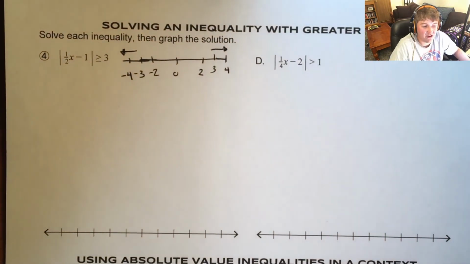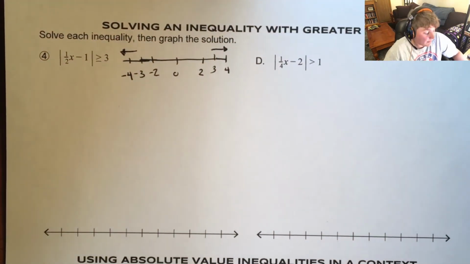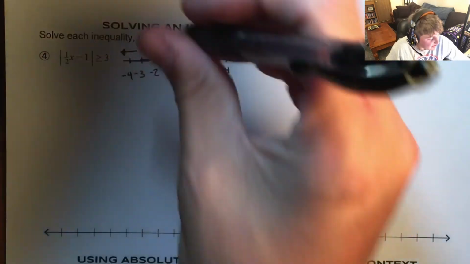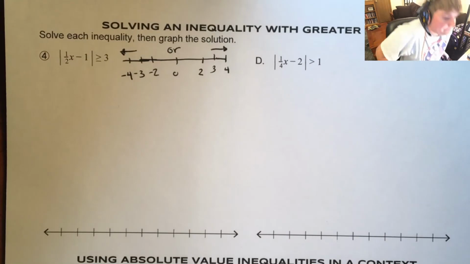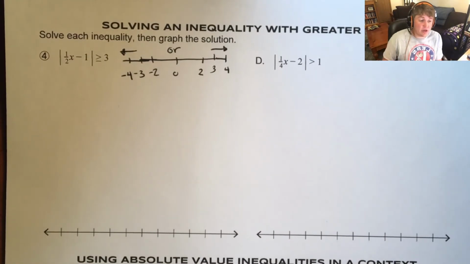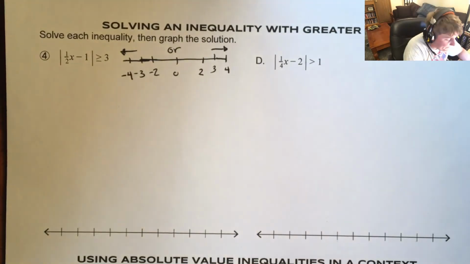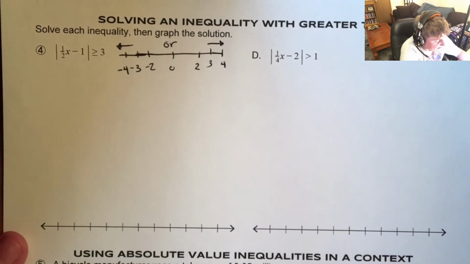So what kind of graphs do that? Hopefully, thinking back to the first couple sections, we know that this is an OR inequality. This is reasonable to deduce because when we did less than, it was an and inequality, so it makes sense that the opposite would be OR. So let's take a look at what we would do.